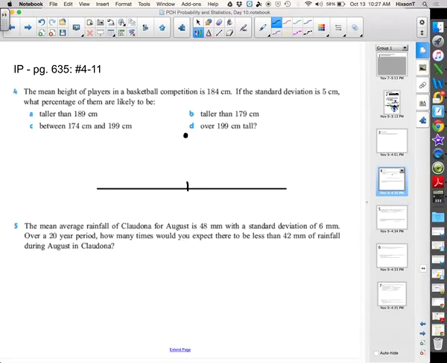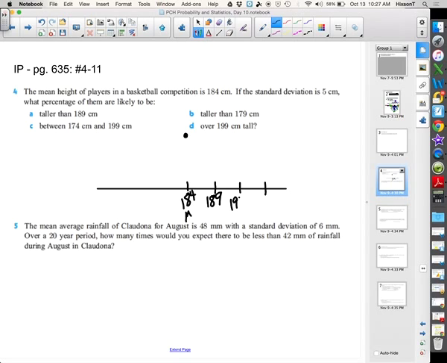If the standard deviation is 5 centimeters, what percentage of them are likely to be in those different ranges? So the highest point is going to be what value? 184. Okay? That's our mean. Then to sketch it, remember we're going to go up 3 standard deviations. So that's 184. This will be 189, because our standard deviation is 5.